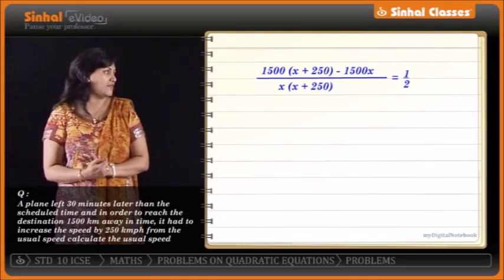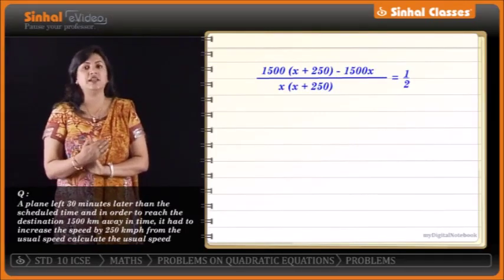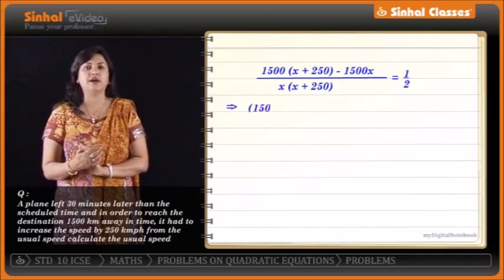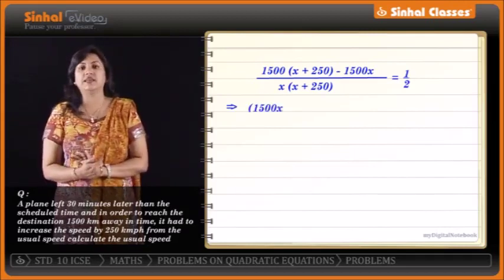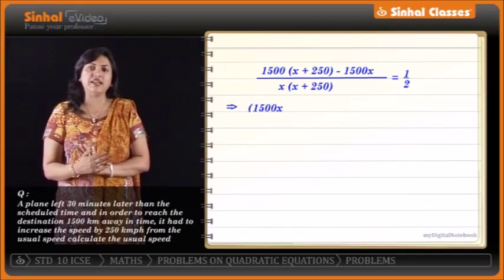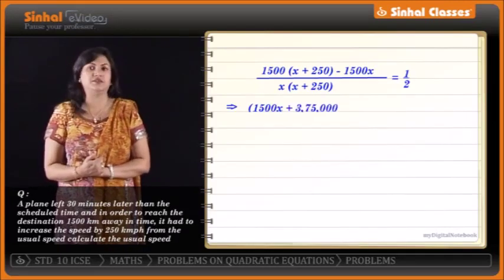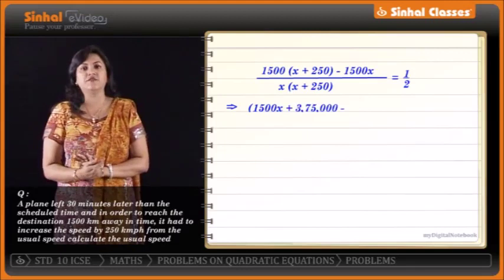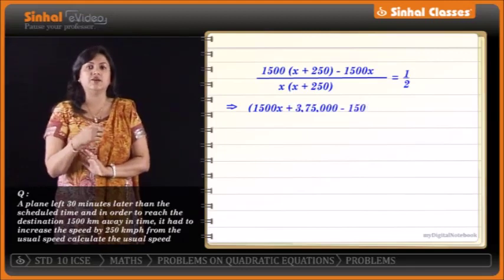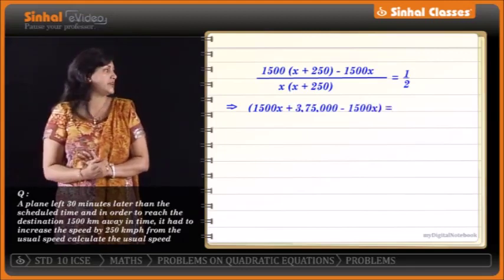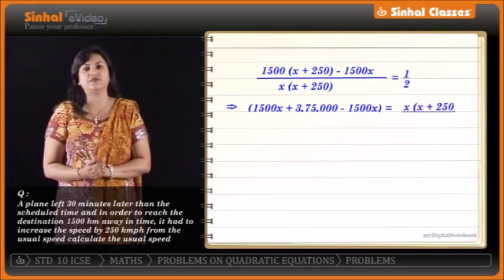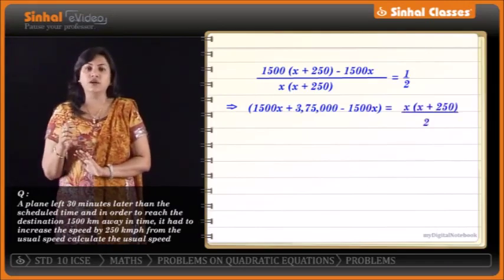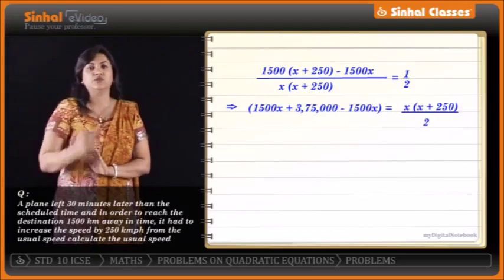Now simplify the left side as 1500x plus, now 1500 into 250 gives us 3,75,000 minus 1500x. Now take the denominator to the right. We get x into x plus 250 upon 2. Now transfer this 2 to the left.